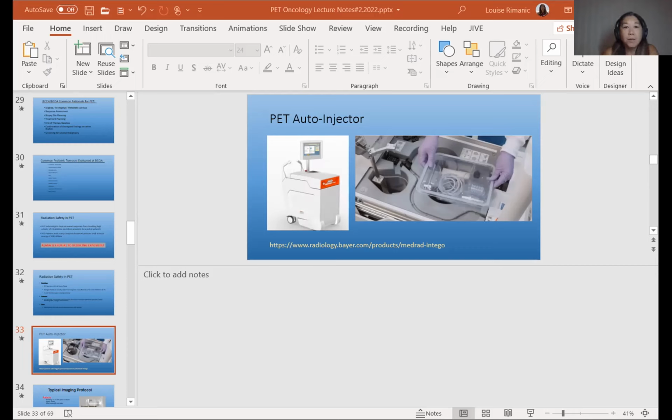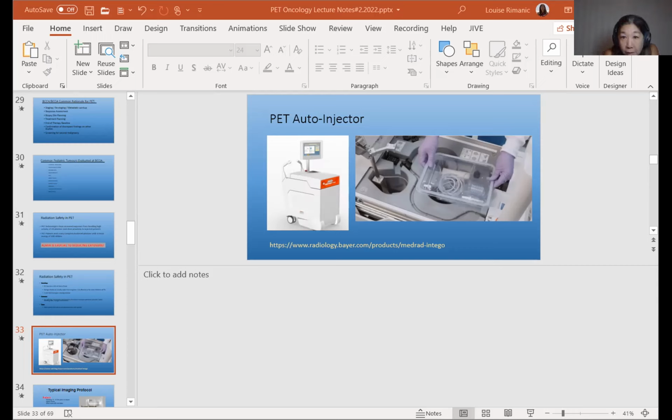In contrast, here's an example of an abnormal PET-CT scan. You can see there's multiple lesions throughout the liver, maybe one, I'm not sure where this is, maybe an inguinal node, perhaps, and then something up here in the chest as well.